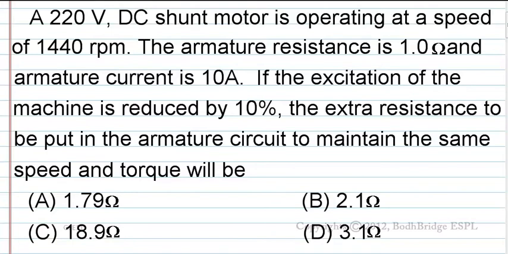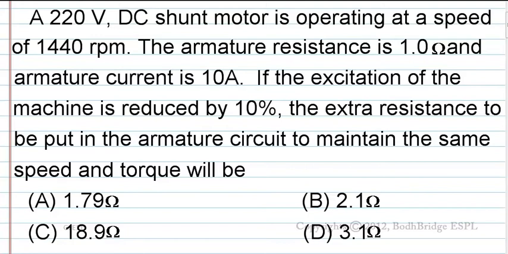Question: A 220 volts DC shunt motor is operating at a speed of 1440 rpm. The armature resistance is 1.0 ohm and the armature current is 10 amperes.